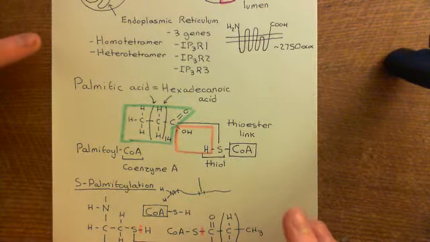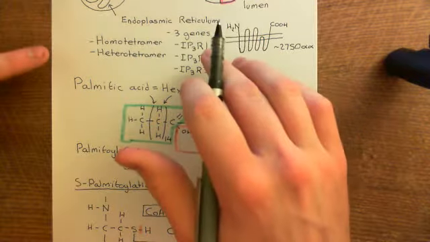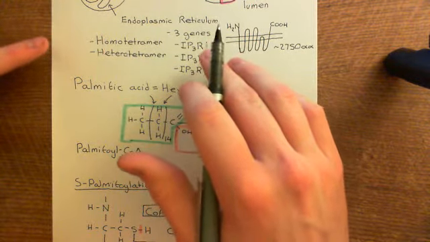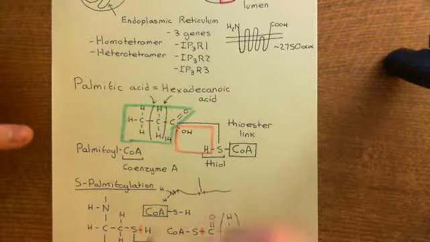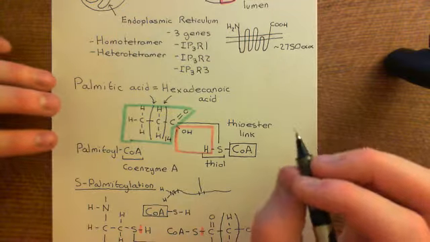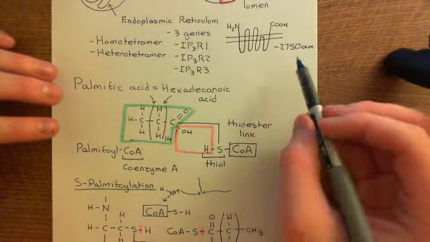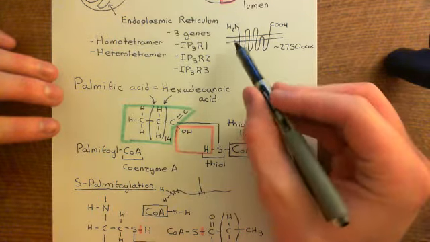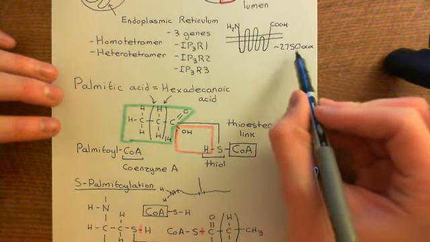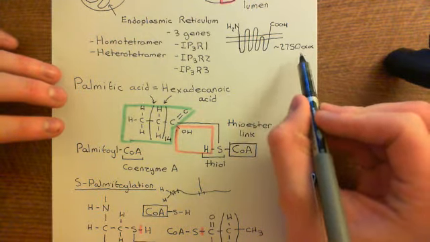Let me tell you which cysteines we believe are palmitoylated on the polypeptide of the IP3 receptor type 1. You remember me telling you the size of these polypeptides that make up the IP3 receptor subunits. They are 2,750 amino acids.